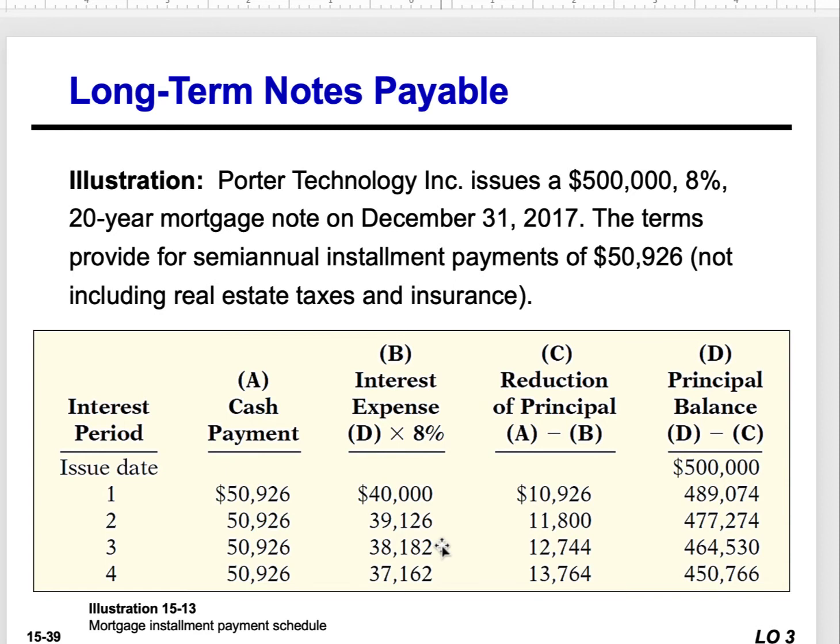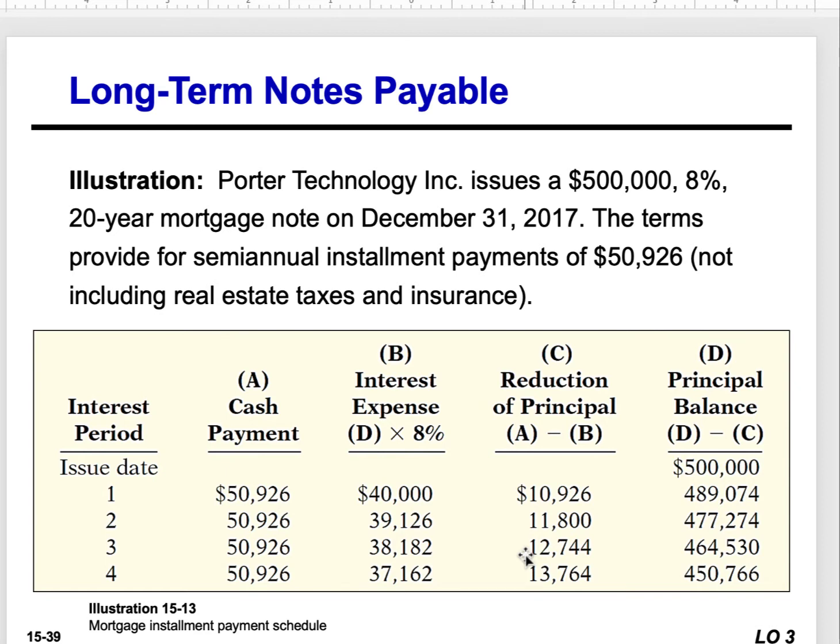From this third installment payment, we have the interest. How much then goes to reducing the principal balance? Well, $12,744. How did I get that? I took the third installment cash payment of $50,926. I subtracted my interest expense of $38,182. I get $12,744. Now, since this is the third installment payment, I need to recalculate the principal balance.